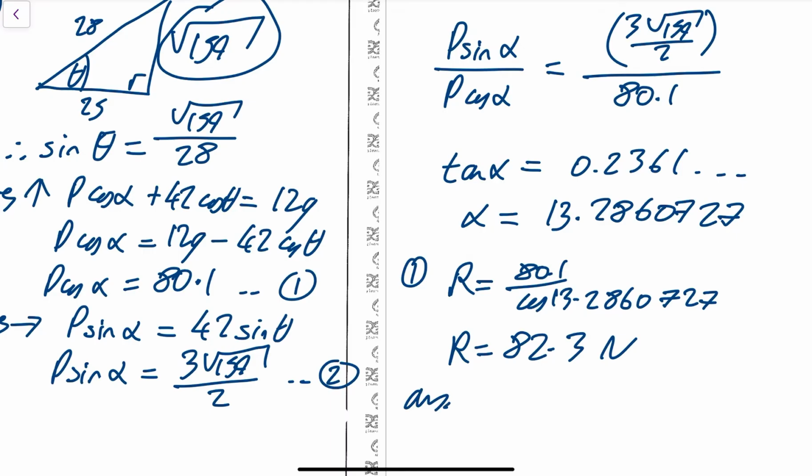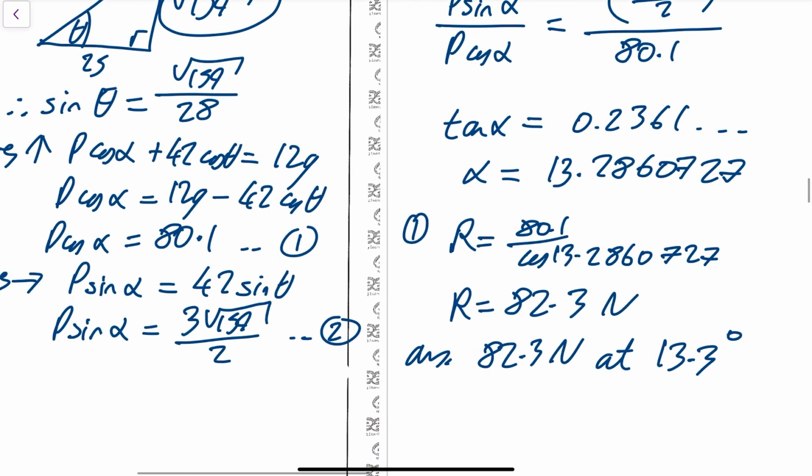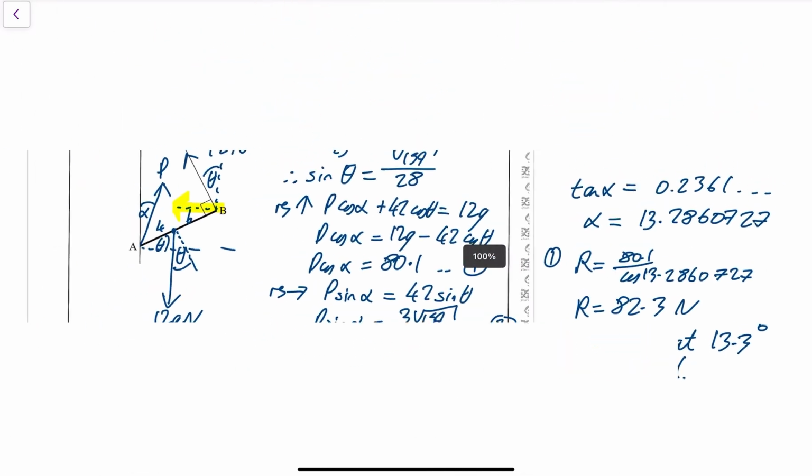So your answer is 82.3 newtons at, and then to 3 sig figs, 13.3 degrees to the vertical. And that's one way of doing it.